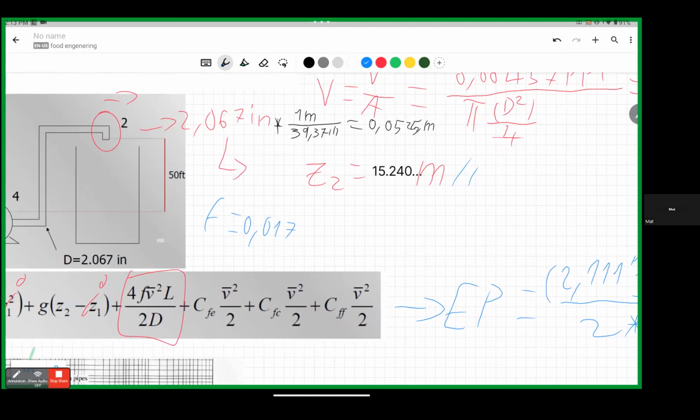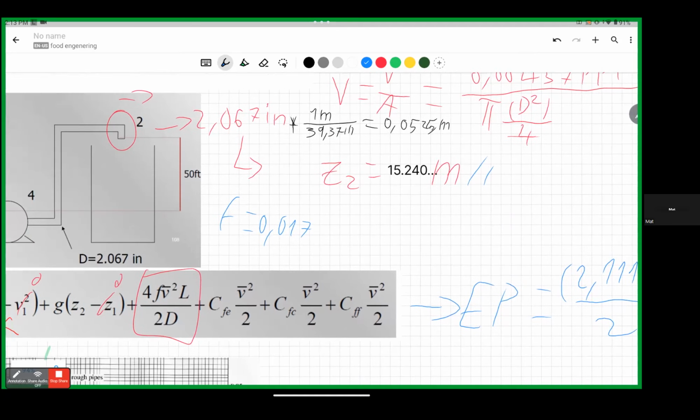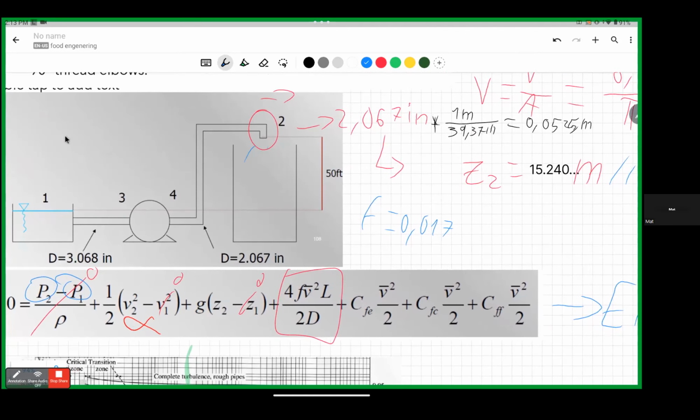In this case, the formula tends to 0 when this one expands too much. Remember, it tends to 0 because the area number 2 is bigger, so you need to use the coefficient related to that kind of area.